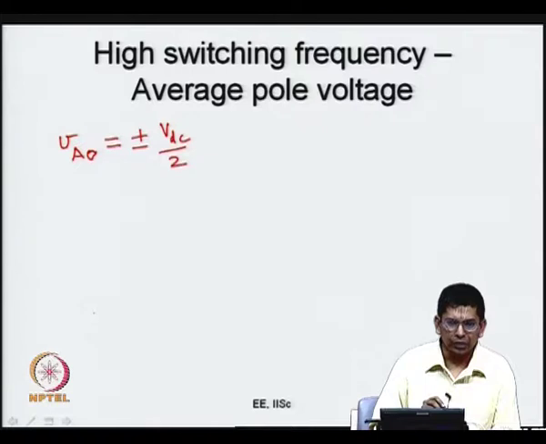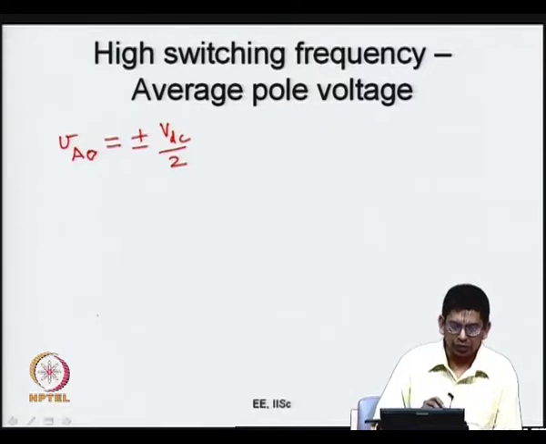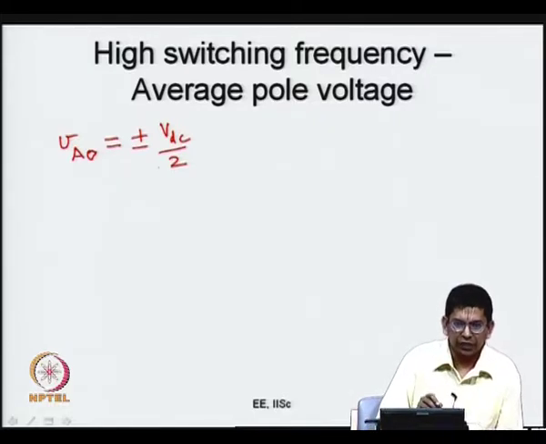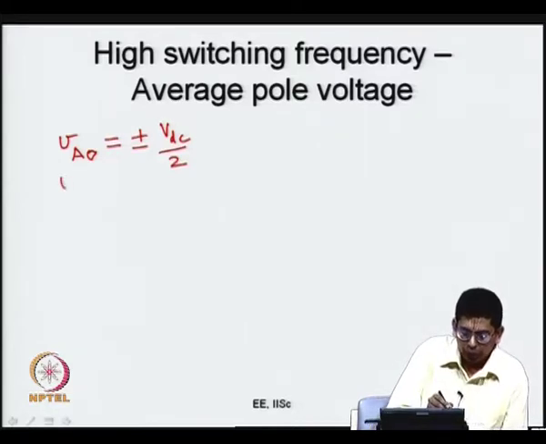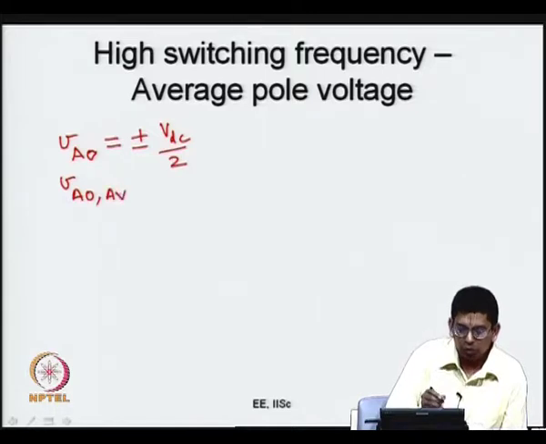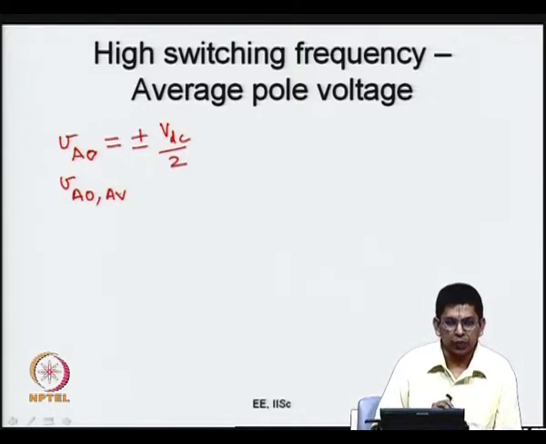So, in a small interval of time which is equal to the half carrier cycle, you sometimes apply plus VDC by 2 and you apply minus VDC by 2 for the remaining duration. So, you have a certain average voltage, I put it as VAO. This is the average value of VAO over what interval? Over one half a cycle of the carrier.